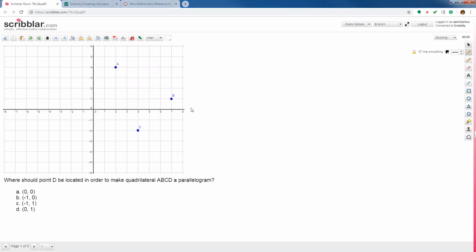The horizontal line, going from left to right, that's the x-axis. And the vertical line going up and down, that's the y-axis. So when you're on the coordinate plane, each crosshair where they meet can be a coordinate listed.